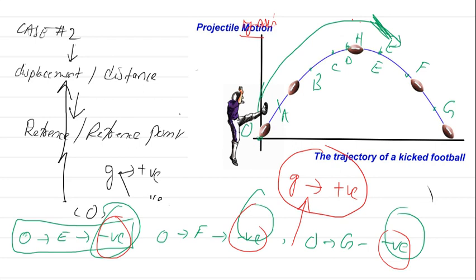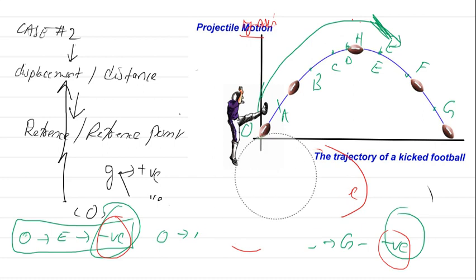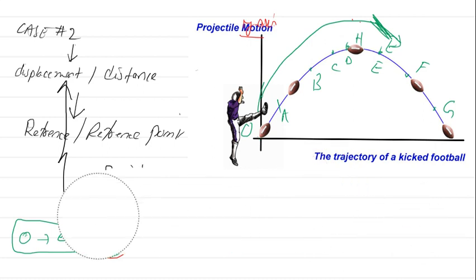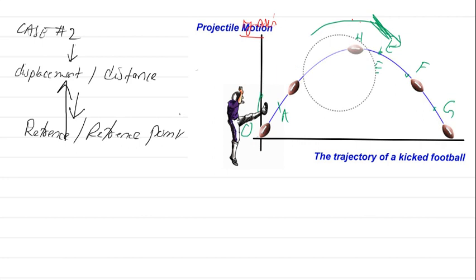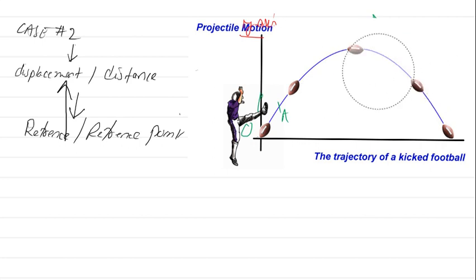So this is what happens when we take the reference O. Now the third thing, keep in mind: I'm going to change the reference point. This is not O; I'm taking the highest point H as the reference point.